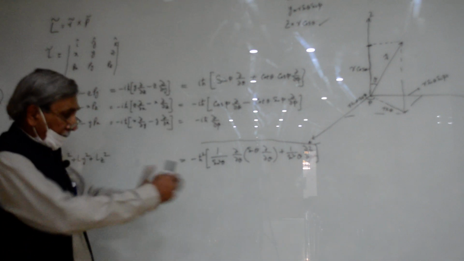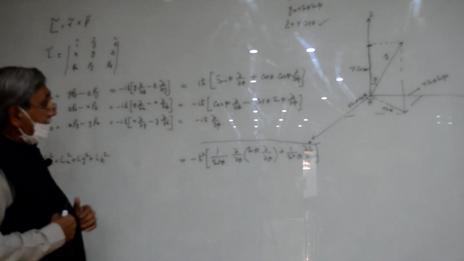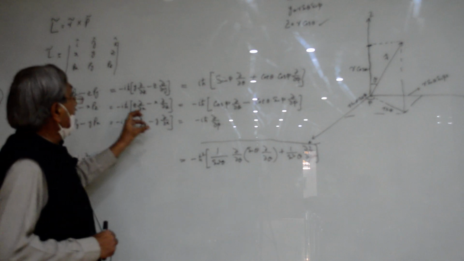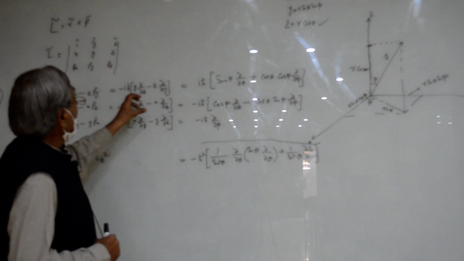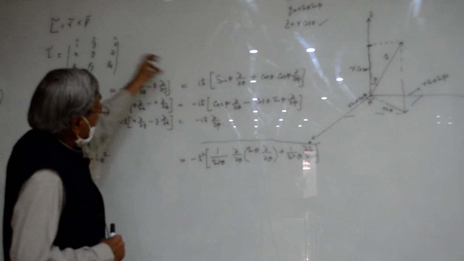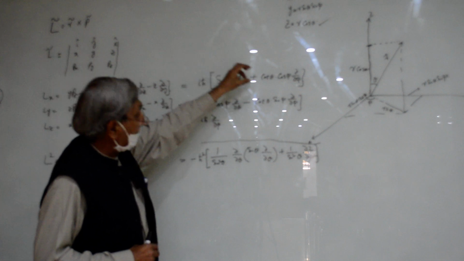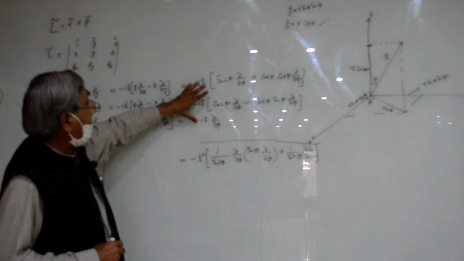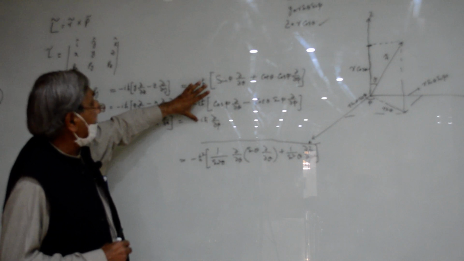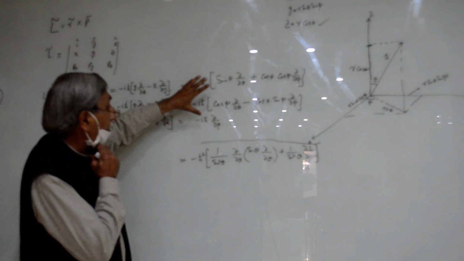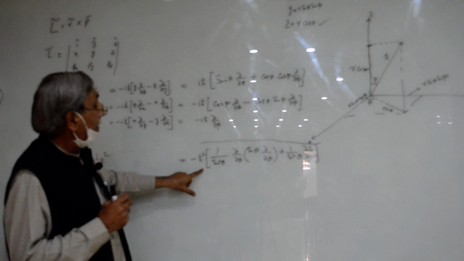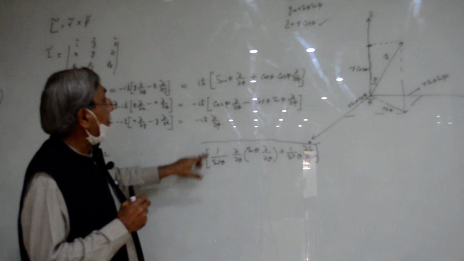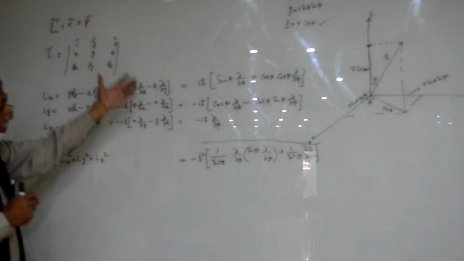If you use these and do some mathematical details which I will tell you in the live lecture next week, then you can transform this from Cartesian coordinate to spherical polar coordinate. So these are the three expressions of the three components of angular momentum in spherical polar coordinate. Okay, so look at that.